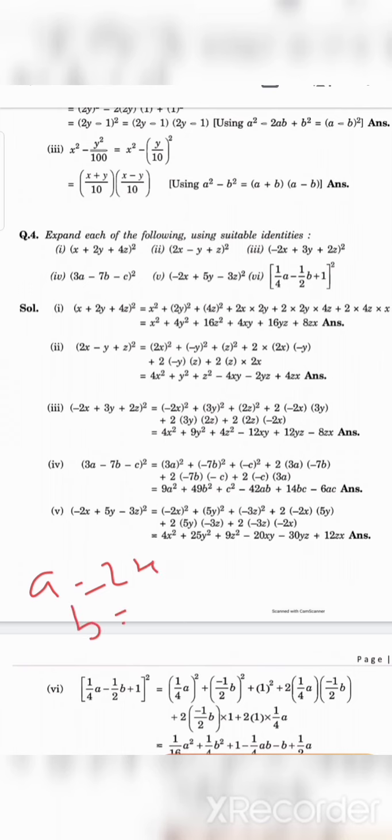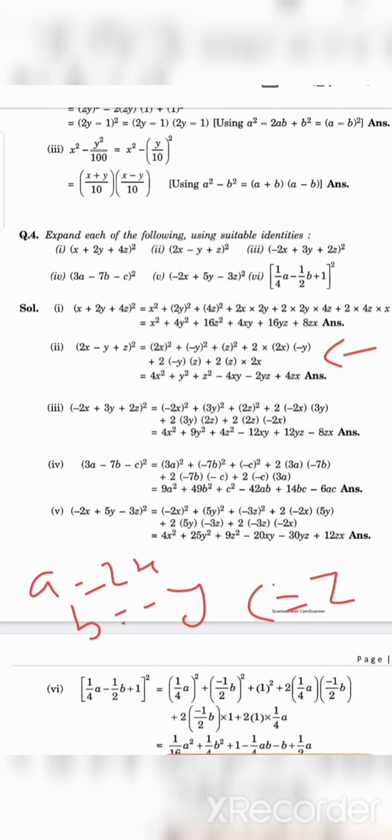So, question number 2, comparing with our identity number 5, we get a is equal to 2x, b is equal to minus y, and c is equal to z. Substituting all these values in the RHS of identity number 5, we get the expansion. So we write the step here: (2x) square plus (minus y) square plus z square plus 2 into 2x into minus y plus 2 into minus y into z plus 2 into z into 2x.